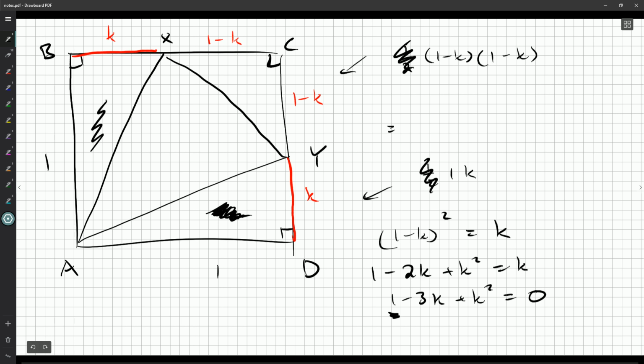Well, I know that this area is K, this area is K, and this area is K, and that together everything adds up to the total area of the square, which is 1, because it's a 1 by 1 square. So this should be 1 minus 3K.